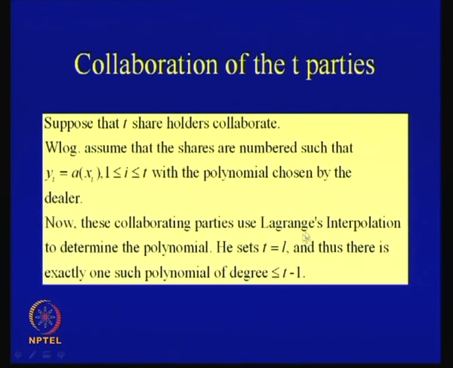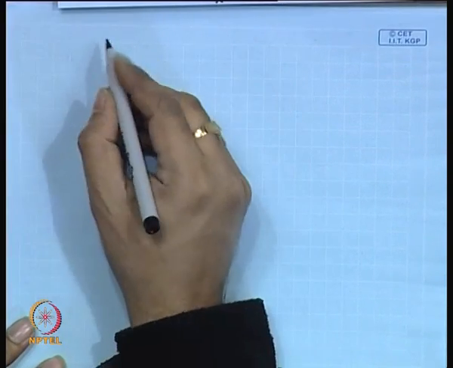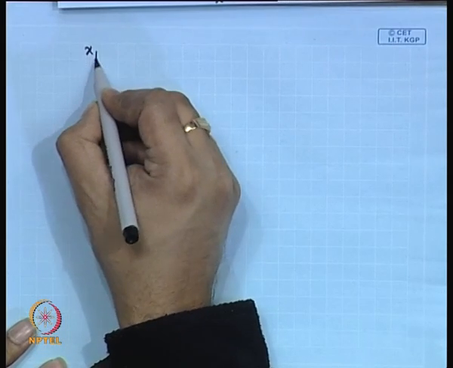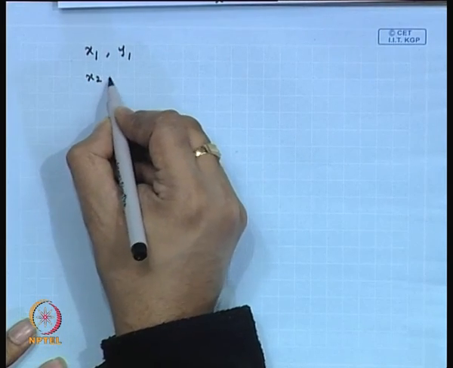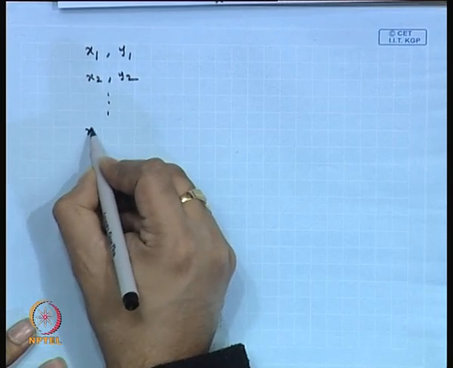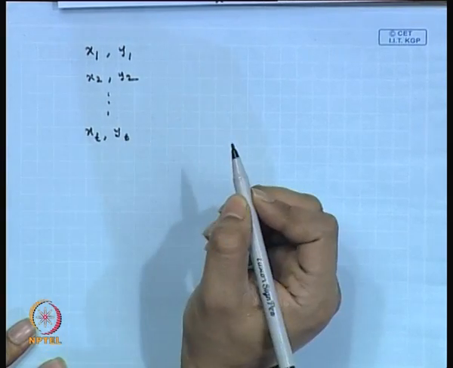The objective is to deduce the constant term of the polynomial, but for that first we need to compute back the polynomial, because what the collaborating parties have is only the shares: x 1, y 1, x 2, y 2 and so on till x t comma y t, right.